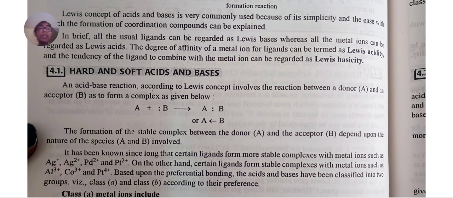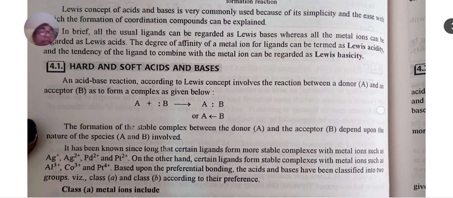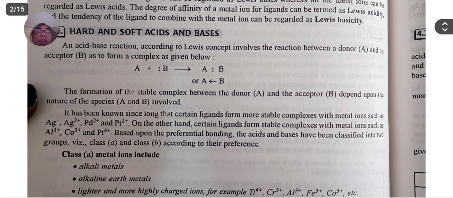On the other hand, certain ligands form stable complexes with metals such as Al3+, Co3+, Pt4+. Based upon the preferential bonding, the acids and bases have been classified into two groups, class A and class B, according to their preference.